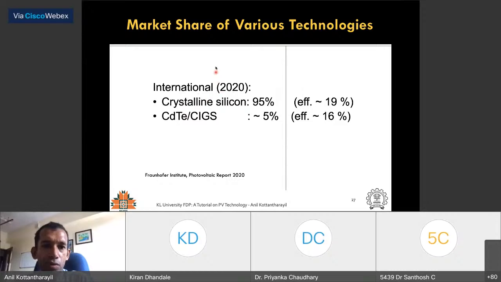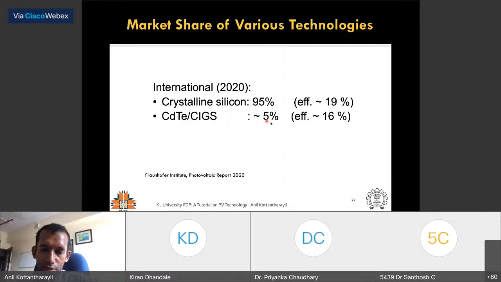Okay, so now if you look at the market share of various technologies, these are the two major technologies, meaning thin film technologies and crystalline silicon. Crystalline silicon is about 95% of the overall market. Commercial modules can be as good as 19% efficiency.